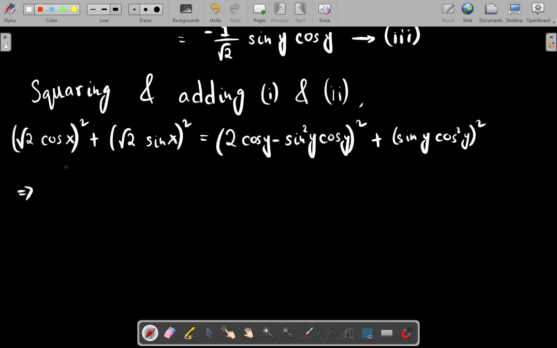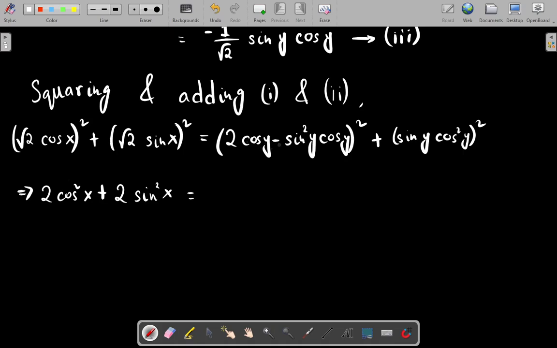Okay, so on squaring and adding, this LHS becomes 2 cos square x plus 2 sin square x. So we can take 2 common and this will become 2 times cos square x plus sin square x, right? So this just becomes 2 in the left hand side.